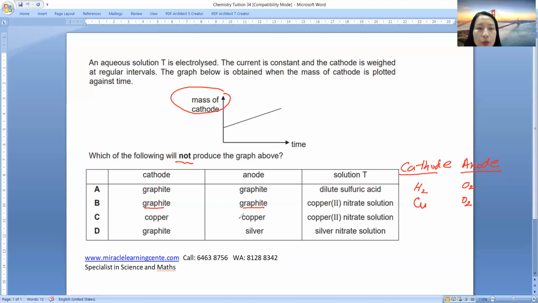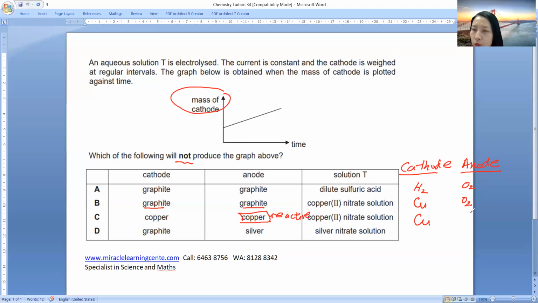Next, C, take note that copper is at the anode. So copper is actually a reactive electrode. Copper is a reactive electrode at the anode. So at the cathode, copper is being discharged. Because copper again is below hydrogen in the reactivity series, so it's preferentially discharged.